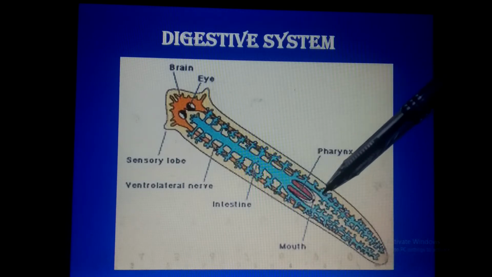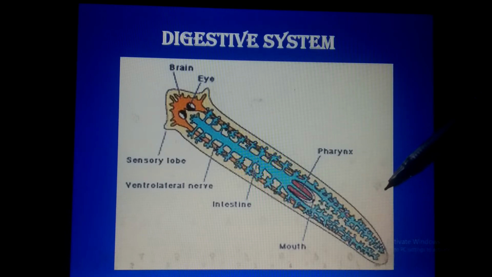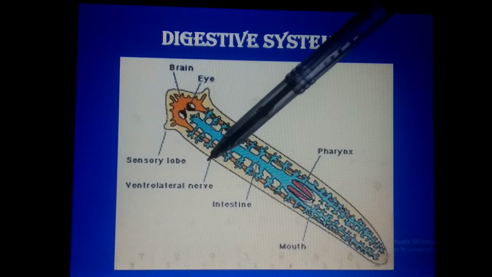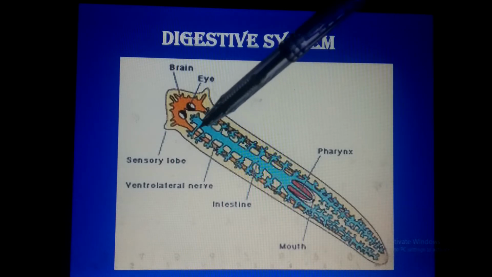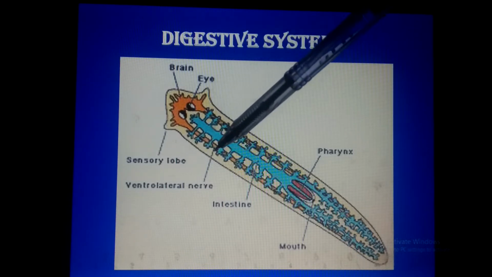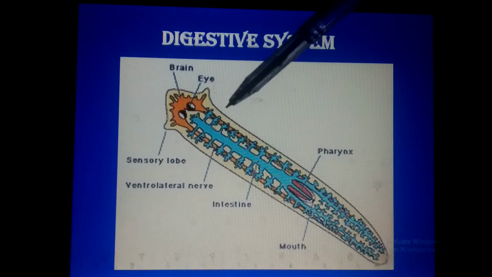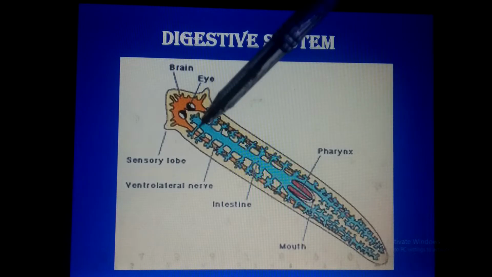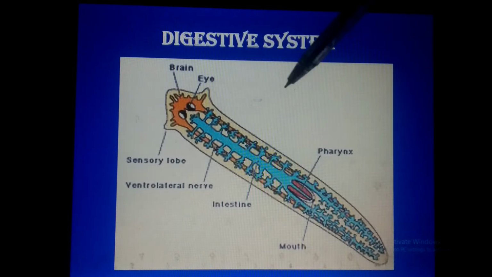Both functions are performed by this pore, which is considered here as a mouth, both excretory as well as intake of the food by this single pore. And you can see the intestine, and here you can see ventrolateral nerves, which are arising from the sensory lobes. So a little bit of sensory system or nervous system is developed in these organisms.